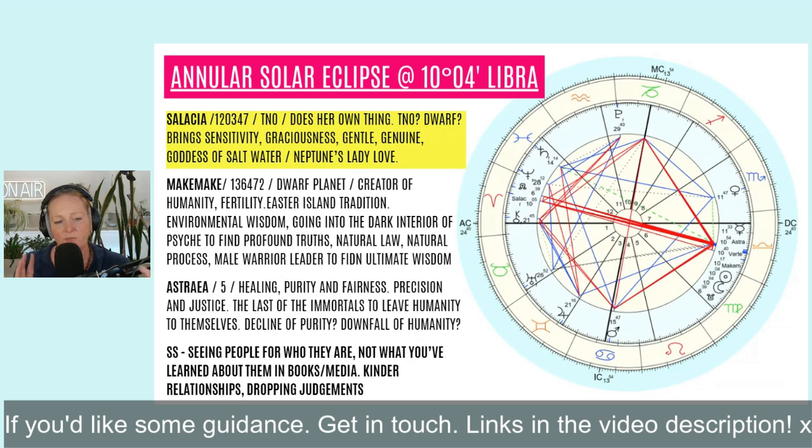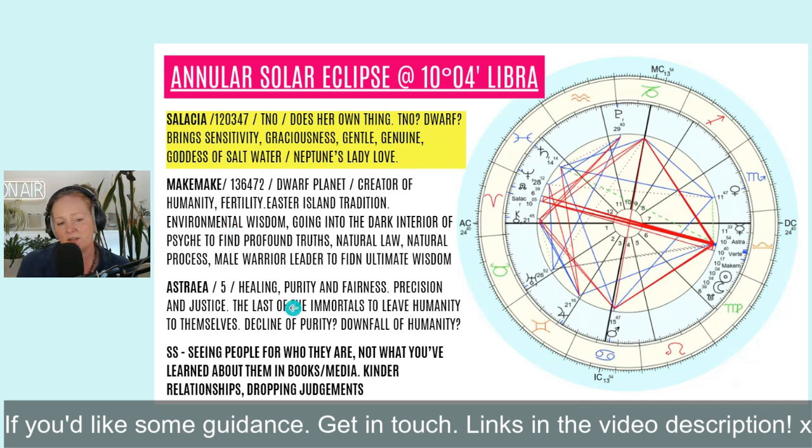And again, forgive me for putting the genders on. Salacia is the lady consort of Neptune. This is just how these gods and goddesses in the mythology were written, and this is the male. Obviously, you can use this energy any way you want.